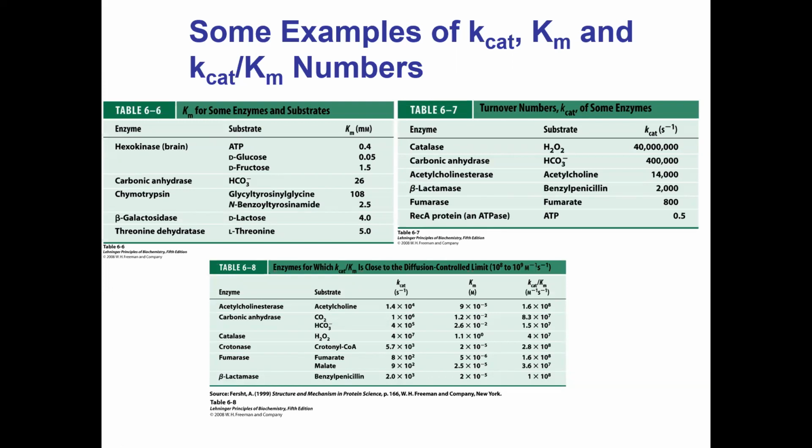So once the job is done, the muscles have contracted, you must destroy the acetylcholine, and therefore this acetylcholinesterase enzyme is crucial. If not, your muscles will keep on twitching. It's a very, very important enzyme, and you can see the Kcat by Km value is 1.6 times 10 to the power 8 per molar per second, which is almost near the diffusion controlled limit of 10 to the power 8 per molar per second.